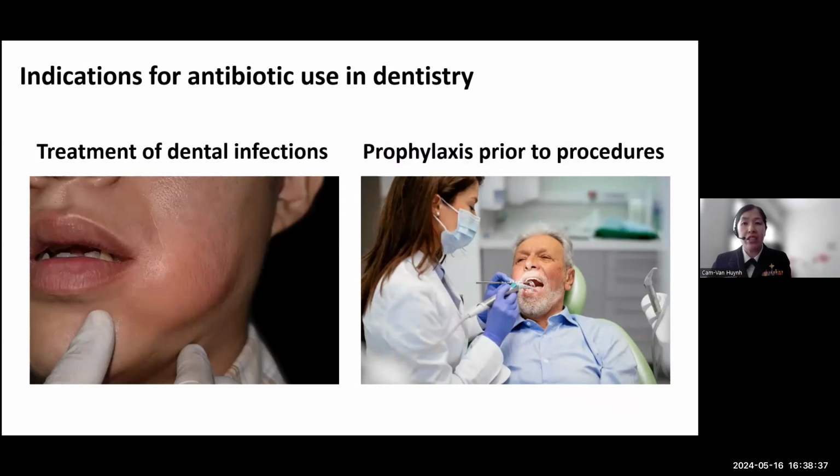There are 2 main indications for antibiotic use in dentistry. The first is treatment of dental infections, and the other is prophylaxis prior to invasive dental procedures for patients with certain high-risk conditions, mainly cardiac ones. And amoxicillin is the first-line therapy for both indications.